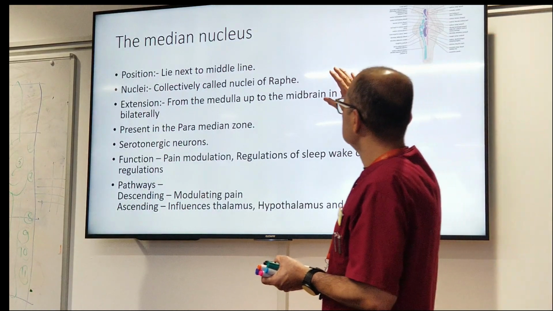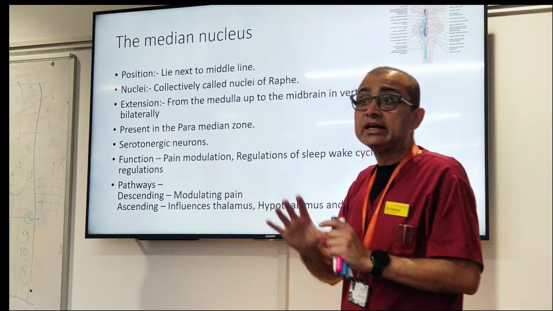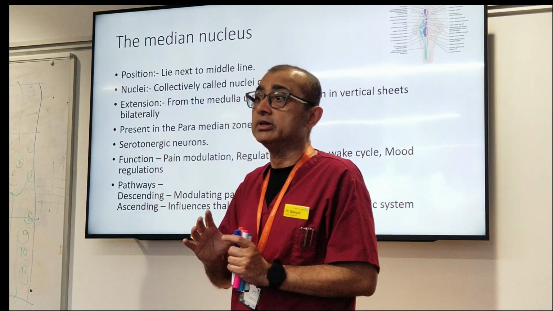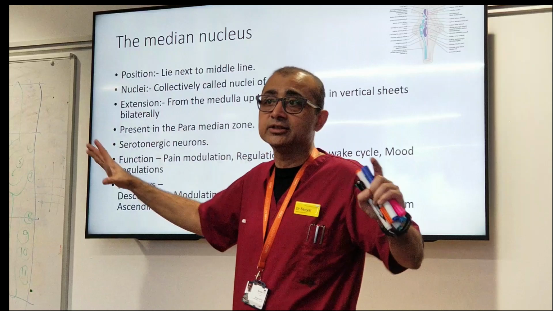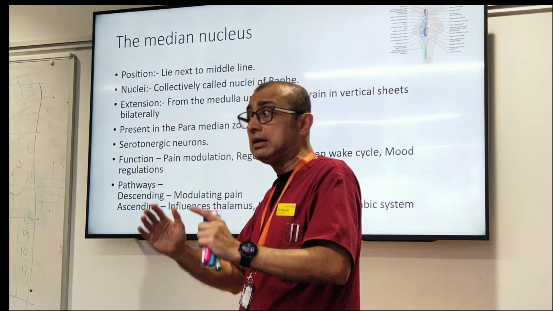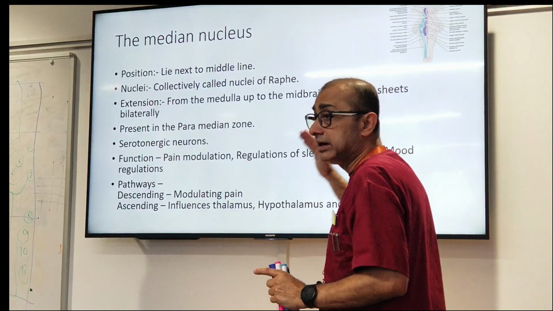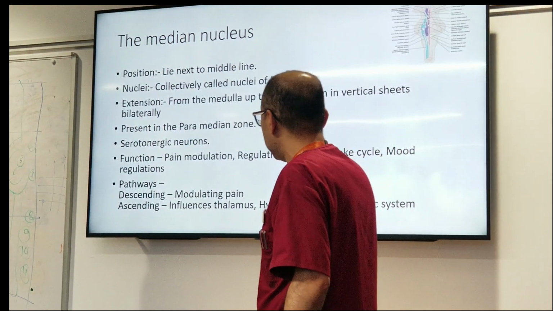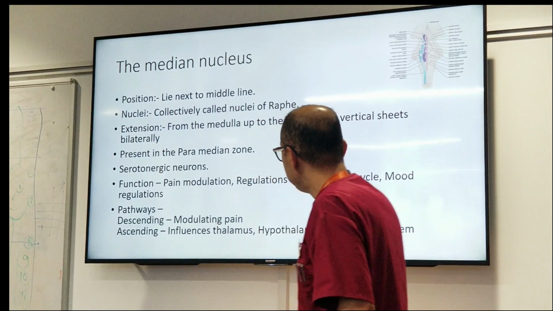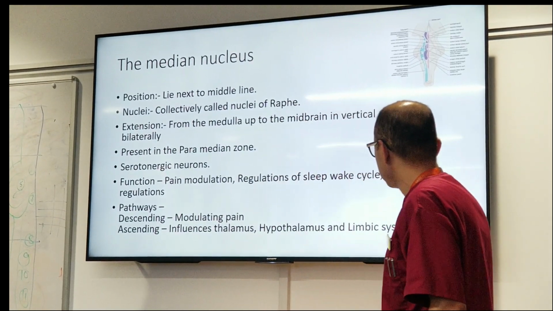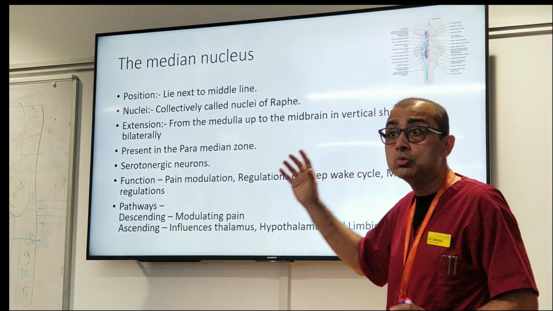These nuclei are collectively called the raphe nuclei. You don't have to remember anything else. These midline nuclei secrete serotonin. They are very important in pain modulation, regulation of the sleep-wake cycle, and mood regulation.